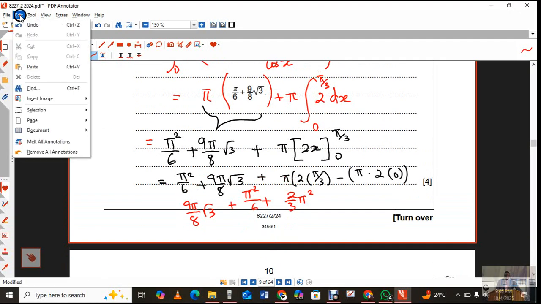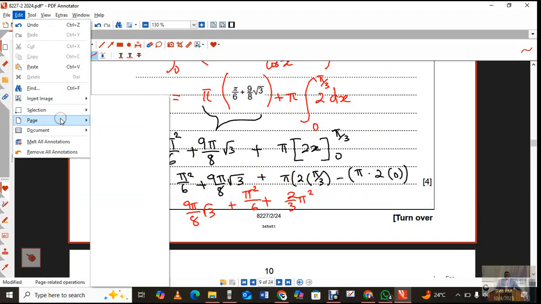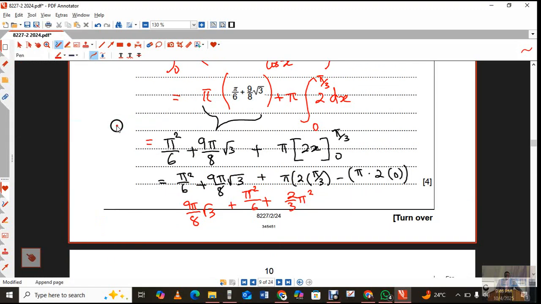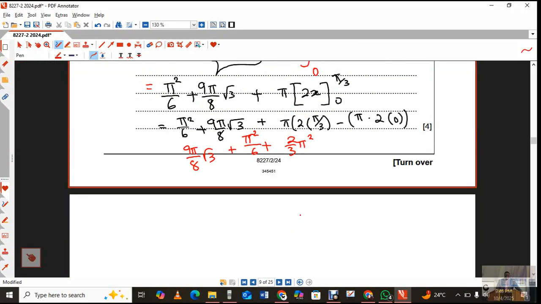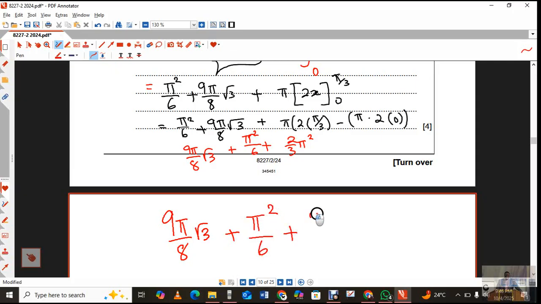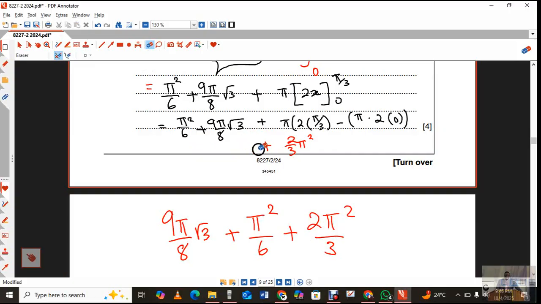So let me just insert and append a page maybe, so we don't have to work like that. All right, let's just rewrite what I have in red there. I have 9 pi over 8 root 3 plus pi square over 6 plus 2 pi square over 3. Very good. So this can be removed.